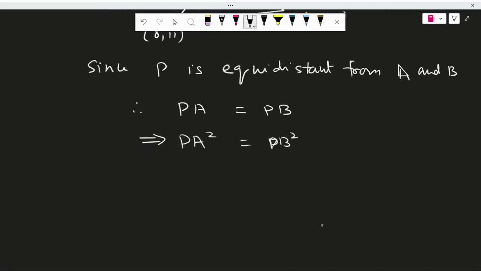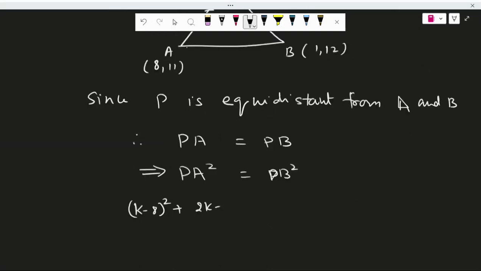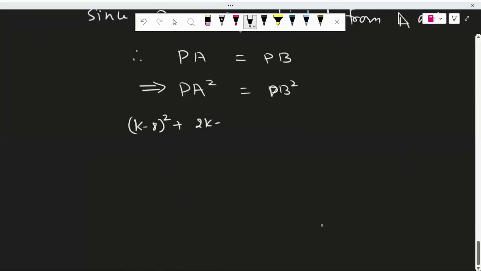PA square is (k minus 8) square plus (2k minus 11) square, which equals PB square.